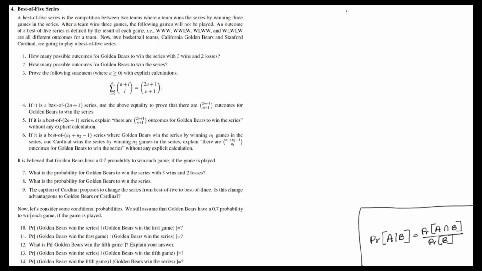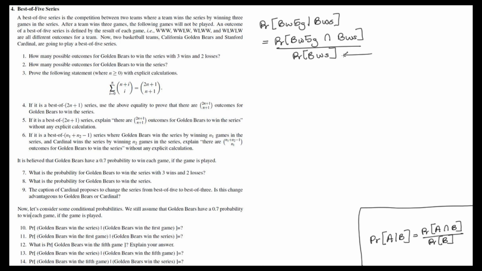And finally, for part 14, we want to know the probability that the Bears win the fifth game, given that the Bears win the series. We can't argue that this will be 1, as we did in the previous part, because we don't know that they necessarily play the fifth game. So this is equal, again by the equality down below, to the probability that the Bears win the fifth game and win the series, divided by the probability that the Bears win the series.